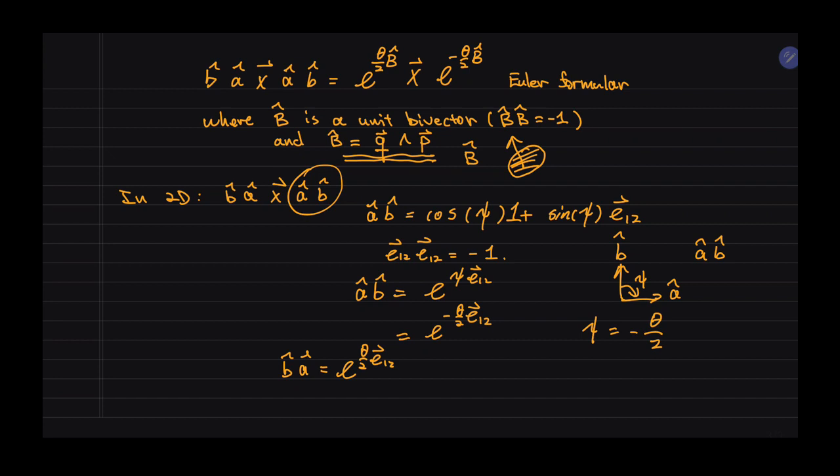And some bivector, for example, let's say B hat prime, if B hat prime was equal to E12 plus E34, in 4 dimension.